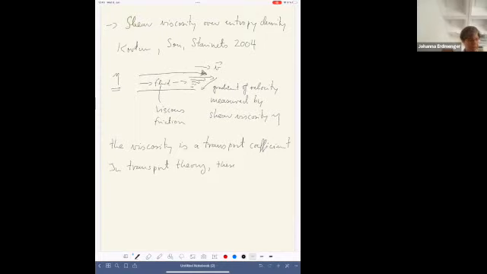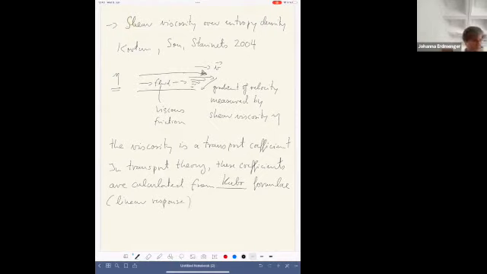These coefficients are calculated from so-called Kubo formulae. These are very standard techniques in many body physics called linear response. So this is much more general than ADS-CFT or anything.